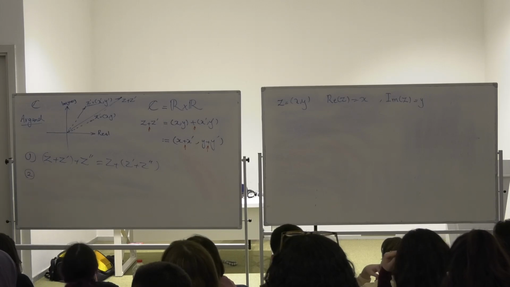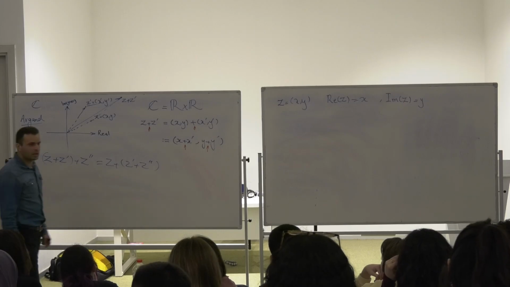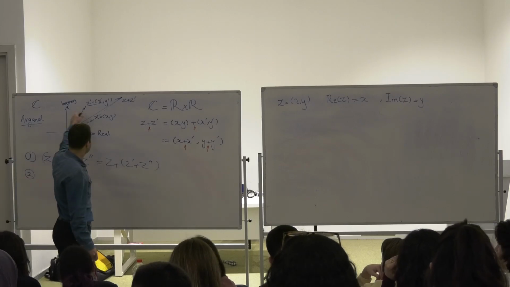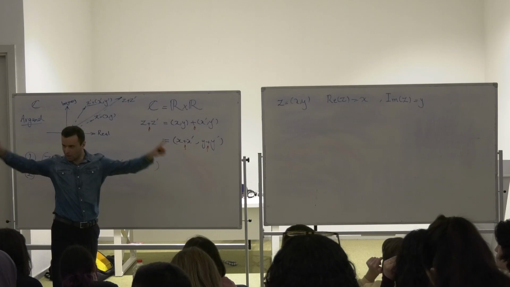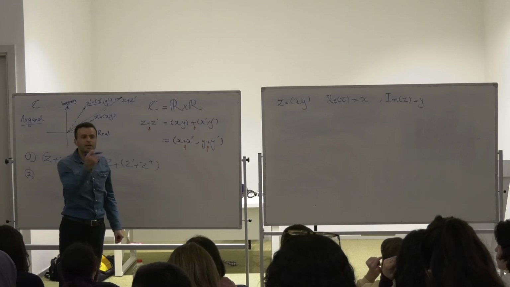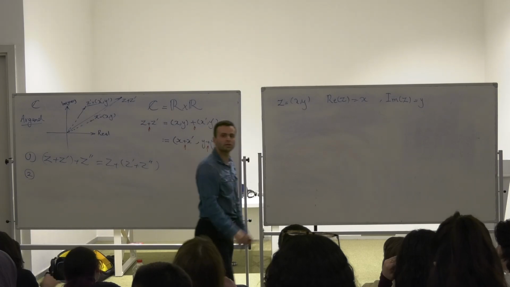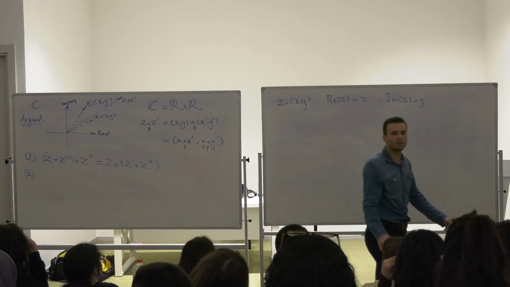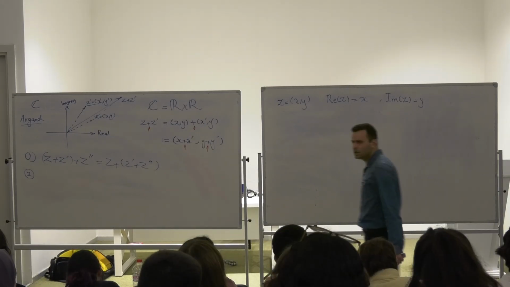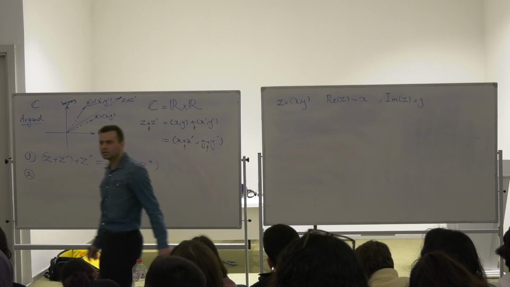Do we have an identity for our addition? Is there any point in the complex plane such that if you add it to any other complex number, the result is again the same complex number? What is the zero of our complex plane?